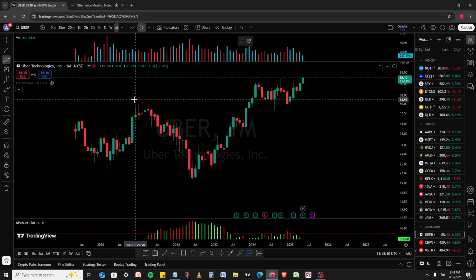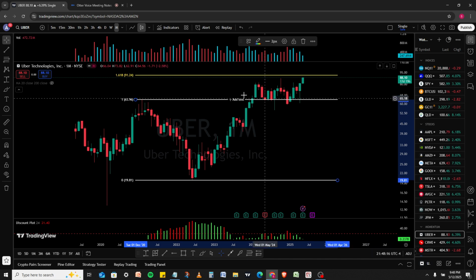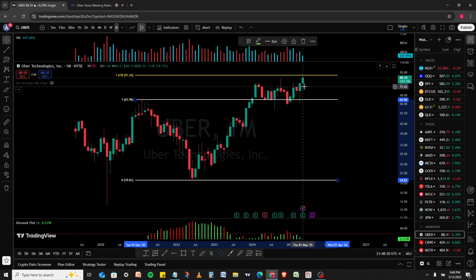So you take the retracement tool, you connect the high point and the low point on the chart. And as you can see, from this point to this point, we are kind of breaking at all-time highs on the chart. The recent all-time high was $87 for Uber, and today we broke above $87, and the high for today was $88.31.